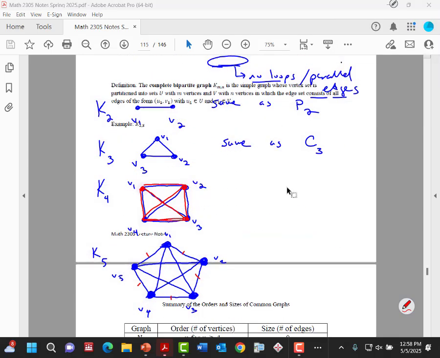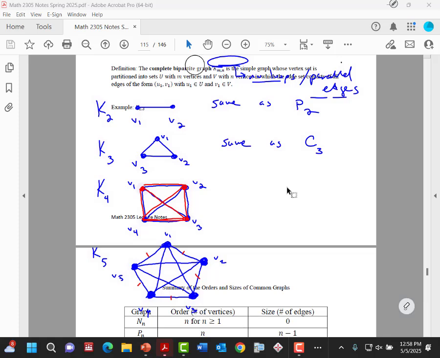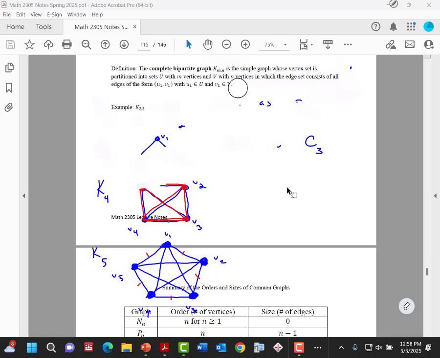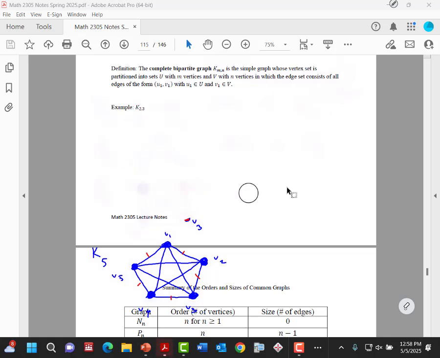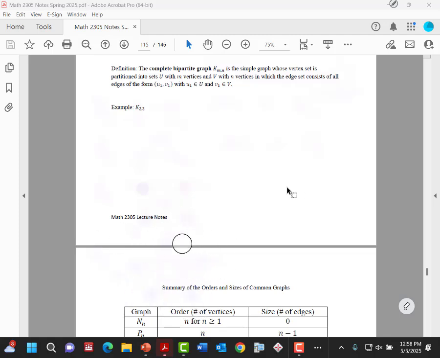Okay, let's slide to the next page and discuss what is called the complete bipartite graph. The complete bipartite graph, K sub mn, is the simple graph.